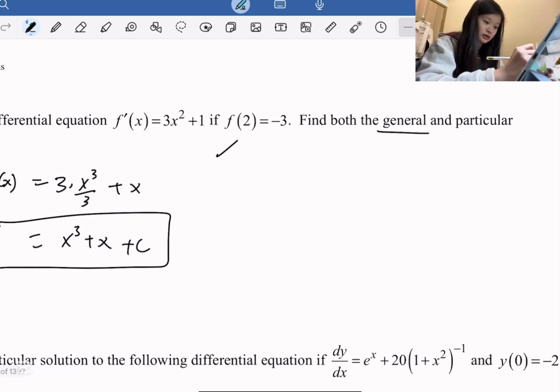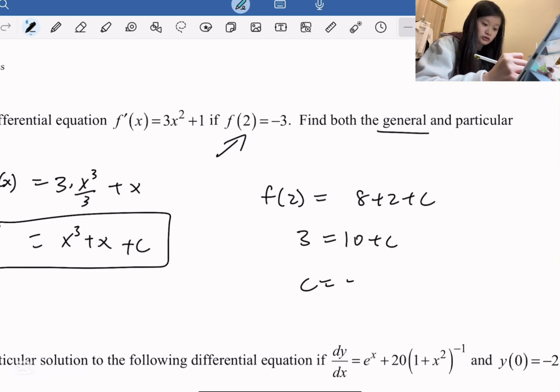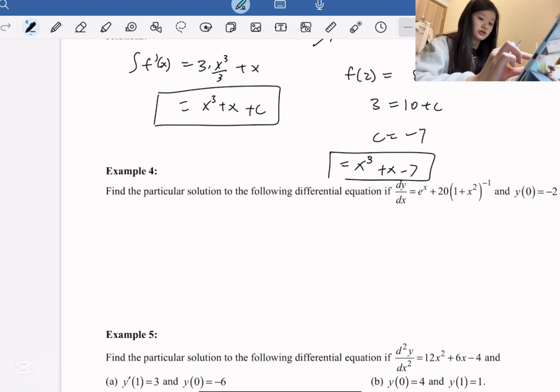So we know that f of 2 is negative 3, so 8 plus 2 plus c, so c is equal to negative 7, so x cubed plus x minus 7. So that's a particular solution.